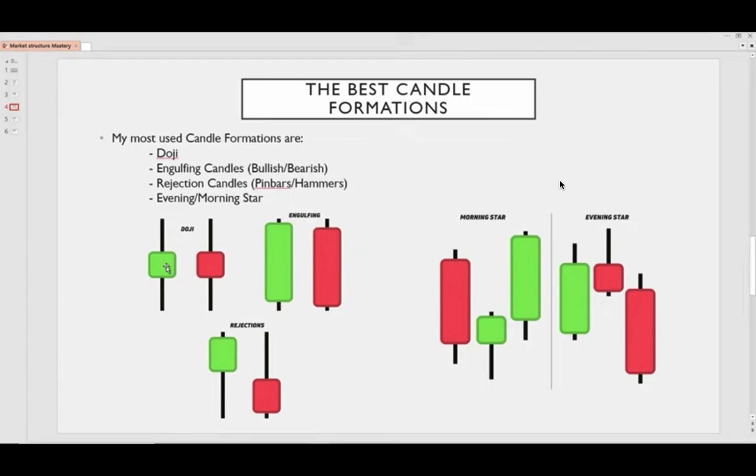So here, these are the candlestick formations. Now this is doji, this is bullish, this is bearish. Here is where it opens, this is the low, this is the body, this is the high, this is the close. So here is where this very one opened.